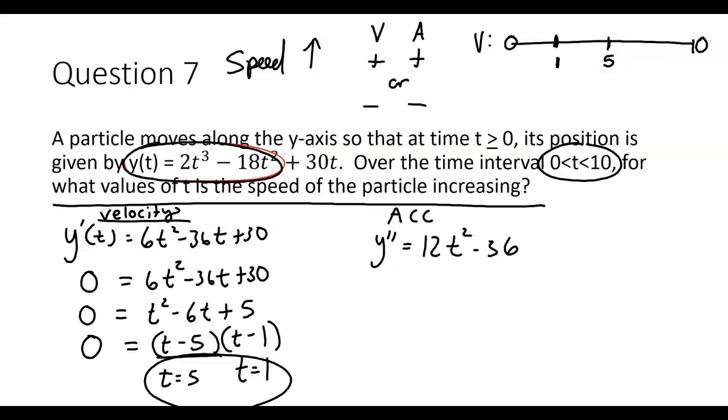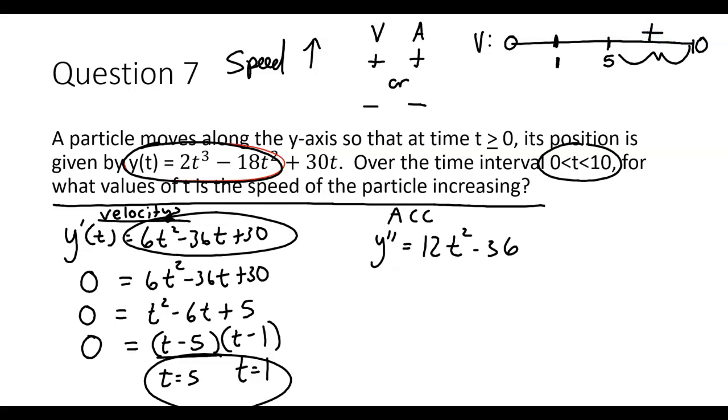Basically, I want to figure out where the velocity is positive and where it is negative. So just pick a number somewhere. If I pick a number between 5 and 10 and plug it into my velocity function up here, we could see what it will come out to be. If I were to pick 6 and plug it in, I would end up with a positive number.